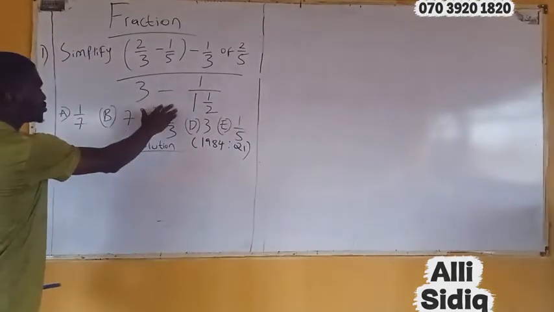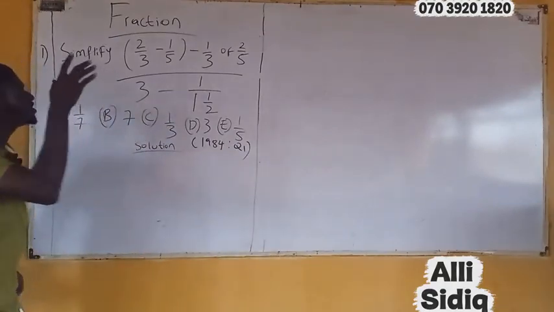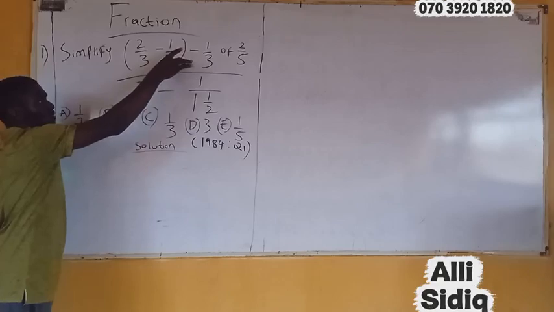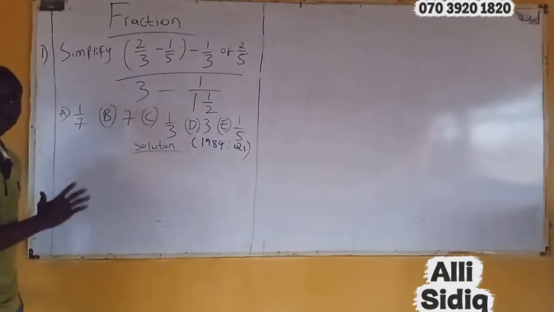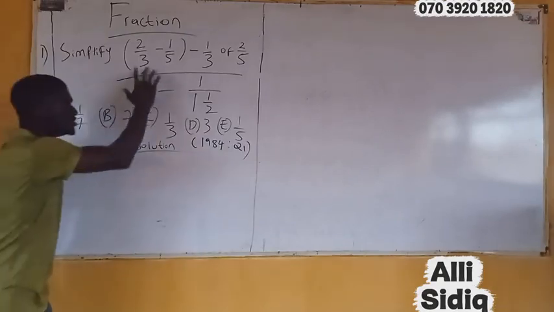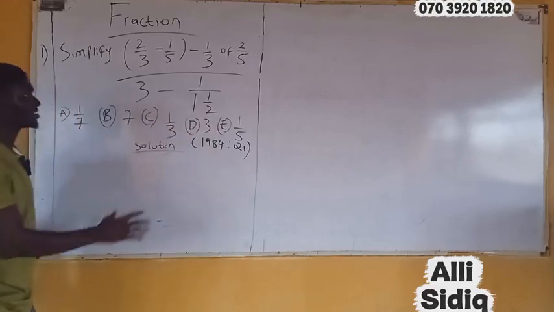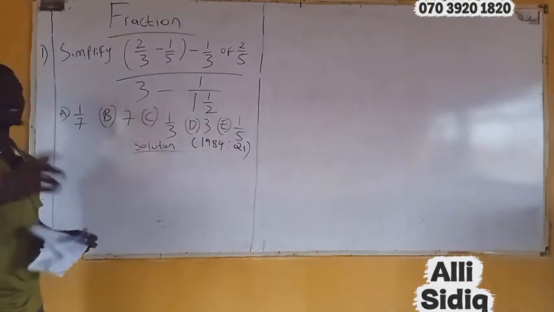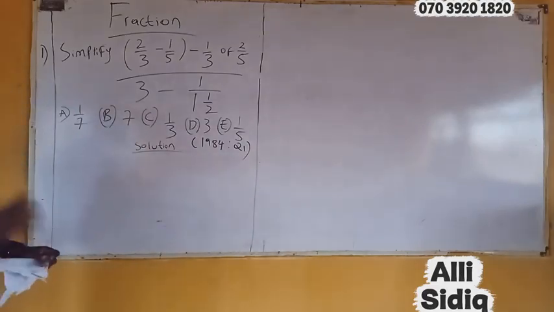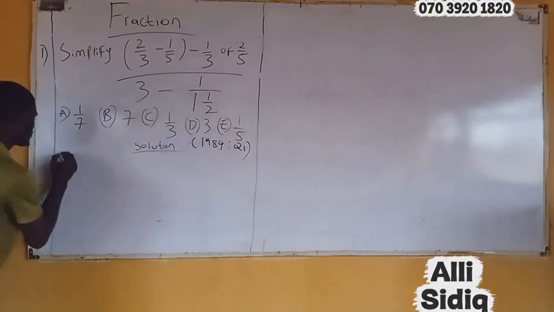To solve this question, you first of all deal with the numerator. You get your answer. After dealing with the numerator, you now move to the denominator and you get your answer. You now join the two together, then get your final answer. So now let me bring out the numerator first.